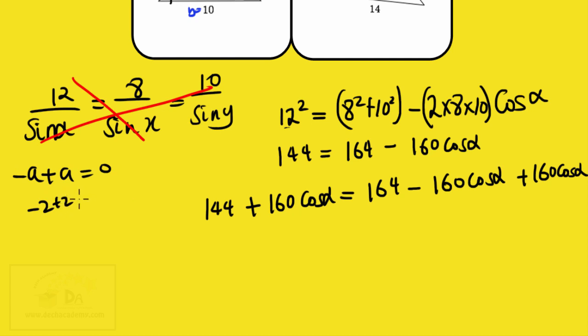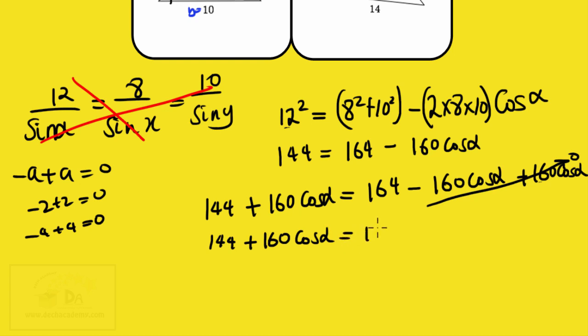Minus 2 plus 2 is 0. Minus 4 plus 4 is 0. Similarly, minus 160 cos alpha plus 160 cos alpha is also 0. So what we have here is 144 plus 160 cos alpha is equal to 164.